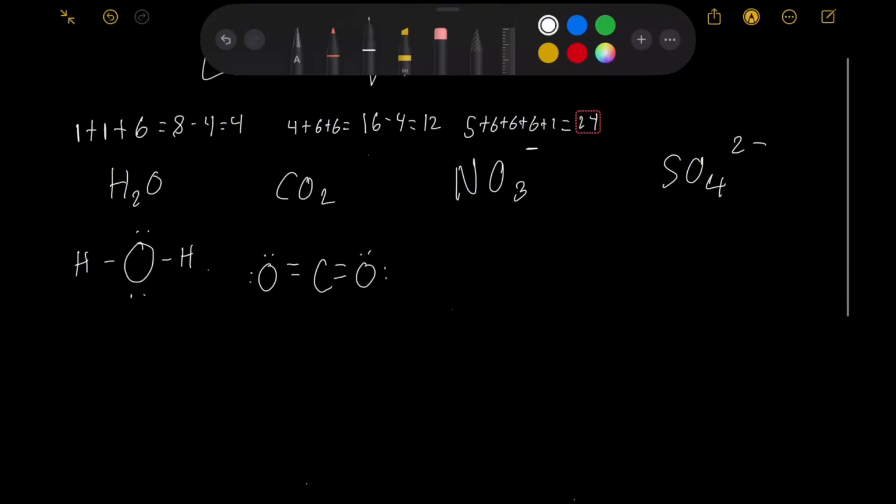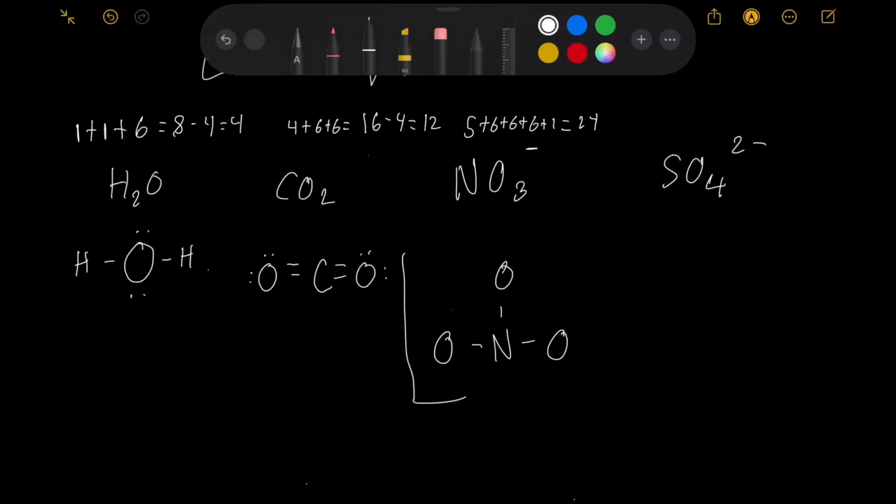So now just keep going through the steps. Let's bond N and put it in the middle because it's the least electronegative. Put the oxygens around. Assign the bonds. Now, whenever you have an anion, you always put a little bracket. And you put the charges.